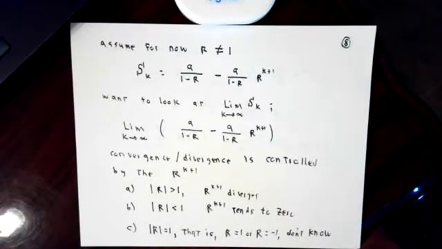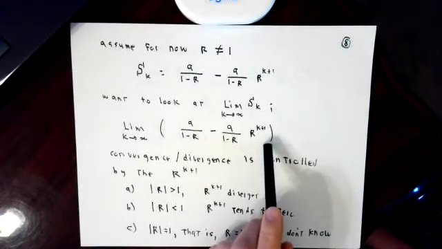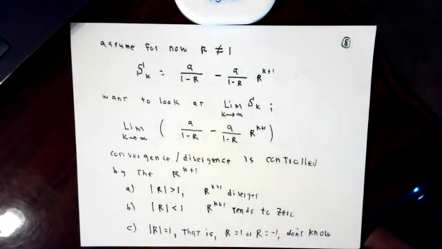If the absolute value of R is bigger than 1, so maybe R is 6, I would be looking at K plus first powers of 6. As K tends to infinity, that's going to blow up on me. So if the absolute value of R is bigger than 1, this whole thing is going to diverge.